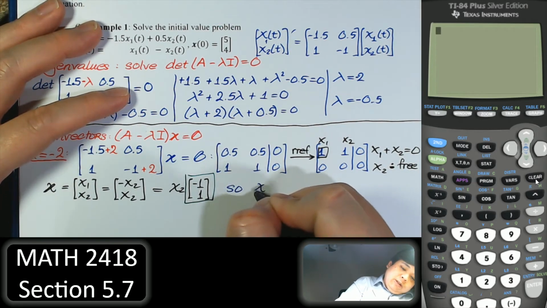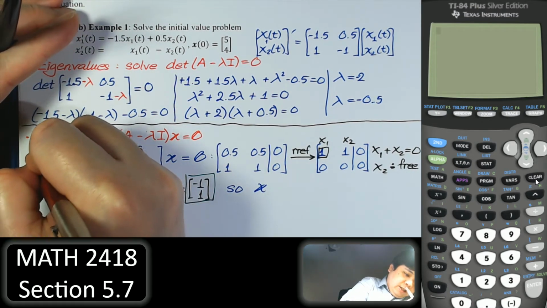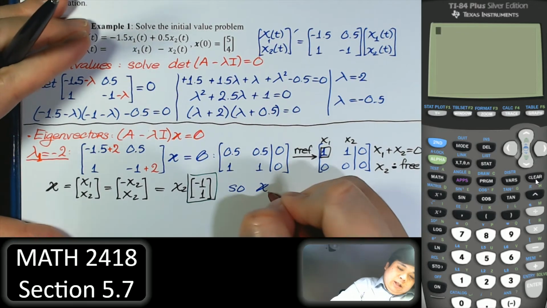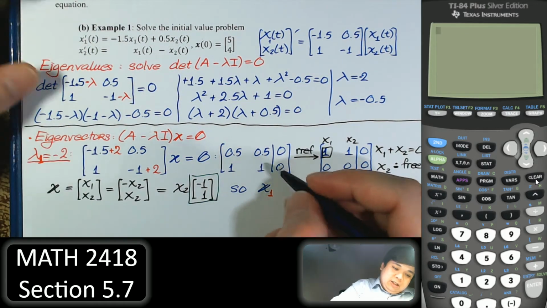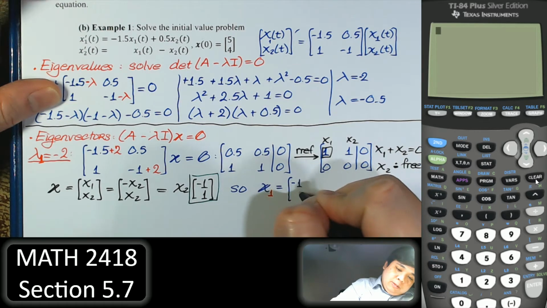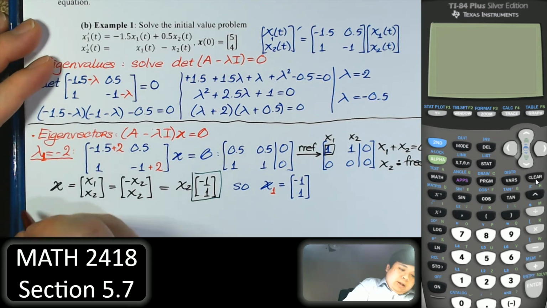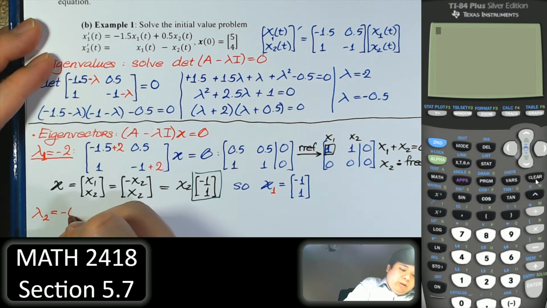So we have, for this, the first eigenvalue and the first eigenvector. Now we choose the eigenvalue to be negative 0.5.